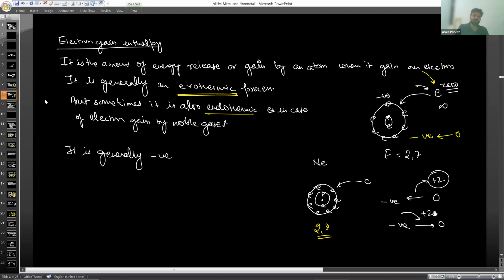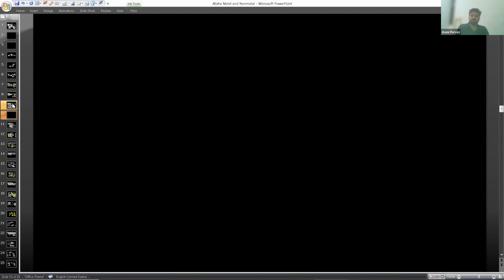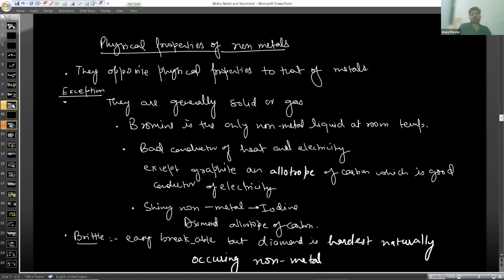Next, for the non-metals. Non-metals are generally opposite to the metals. For example, metals conduct electricity, non-metals do not conduct electricity. Metals are sonorous, non-metals are not sonorous.